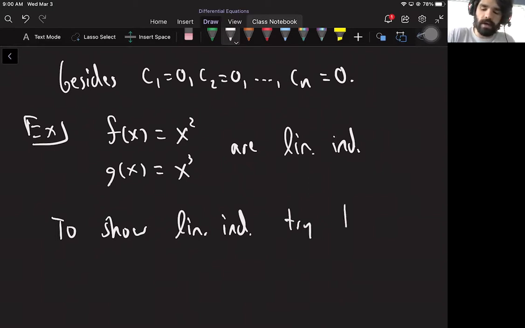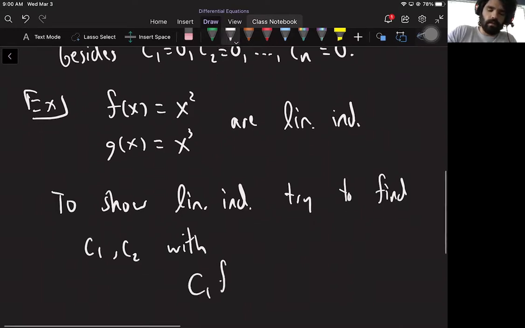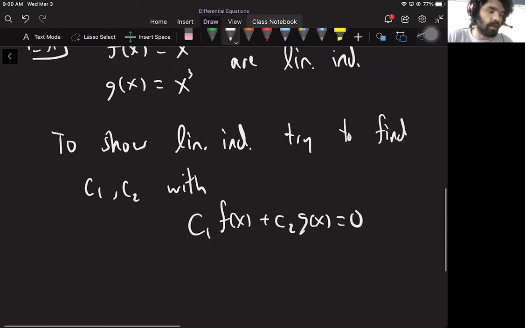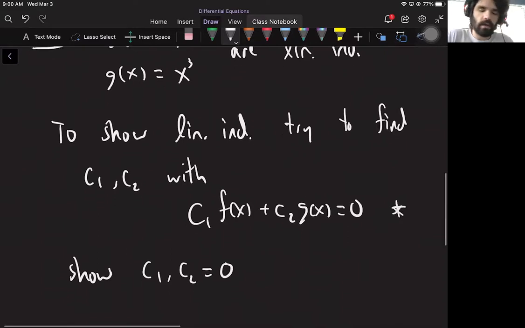So I've got to try to find 2 constants where I can say that this equals 0. Oops, plus. But then it's going to turn out that C1 and C2 just have to be 0. There's no other way to make this equation be true. So how can we do that?